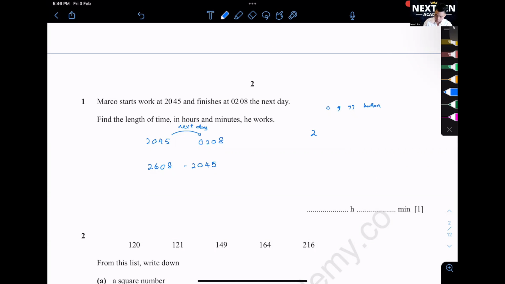You type 26, press the button, then press 8, press the button, then press minus 20, press the button, 45, press the button. Do you see what you get? Does your calculator show you 5 degrees, 23 minutes, like that?